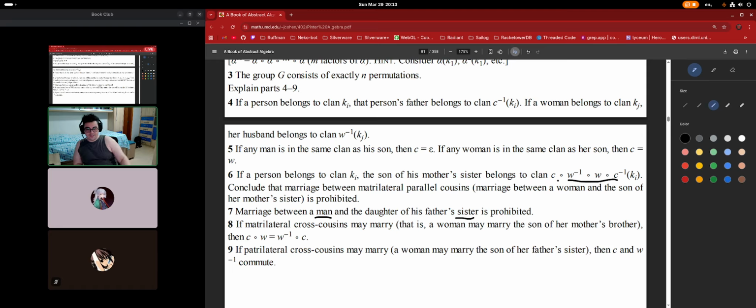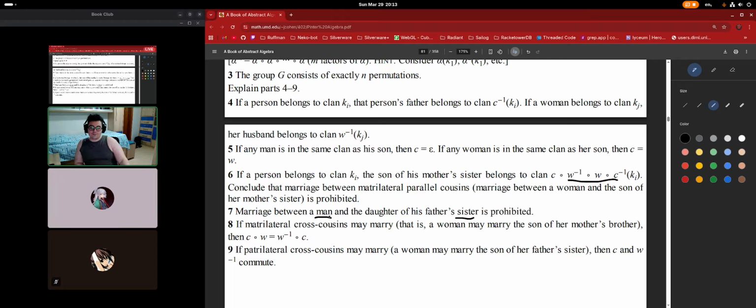Wait, we need to prove that that gives is different than ki. No? Well, no. In order to marry someone, for a man to marry a woman, the woman's clan must be W of the man's clan, right?